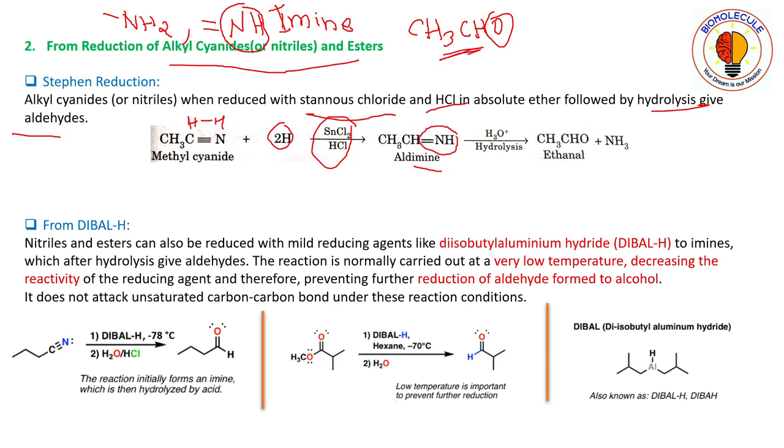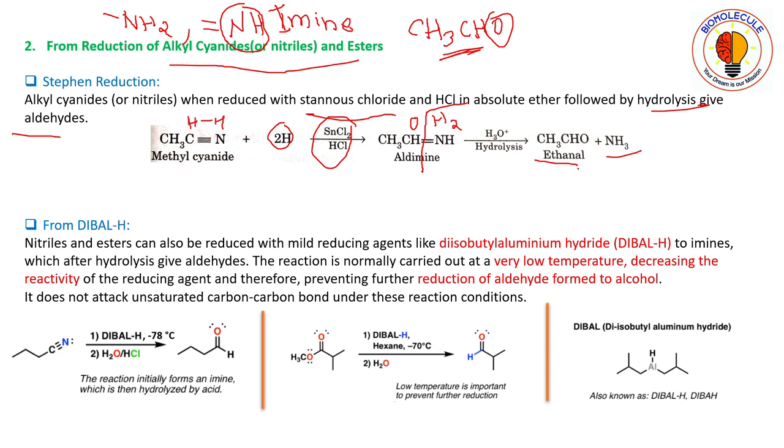So further hydrolysis will give us aldehyde. During hydrolysis, you add a water molecule. You just cleave here, give O, and here H2. So you are getting NH3 and here ethanal.